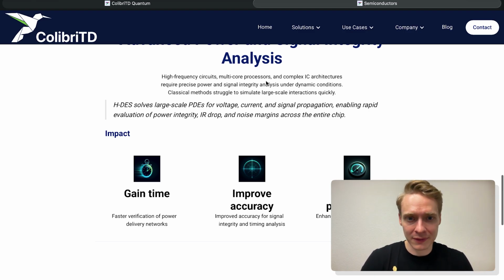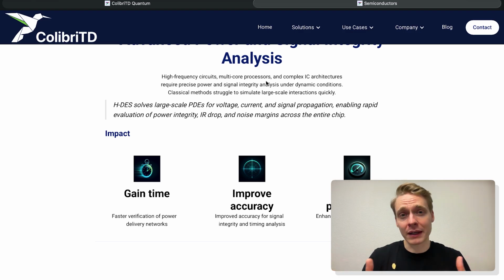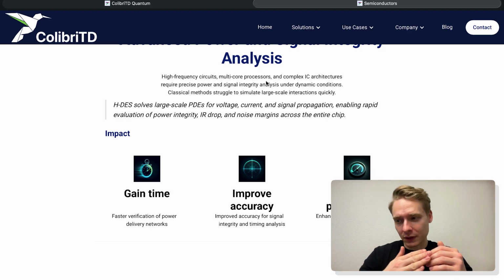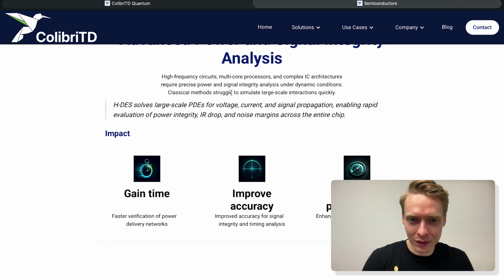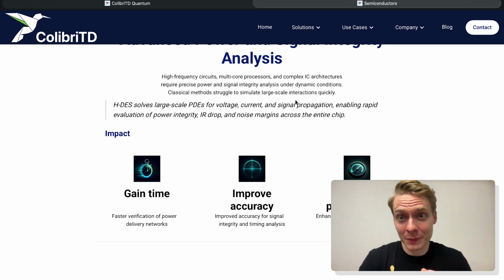High frequencies mean very dynamic situations where the voltages are quickly changing, so you're not able to model that as a constant system and then just do the time propagation. The system is continuously changing, so you have to simulate many more interactions per time scale. And therefore, I guess that's why you could profit from this in the future.